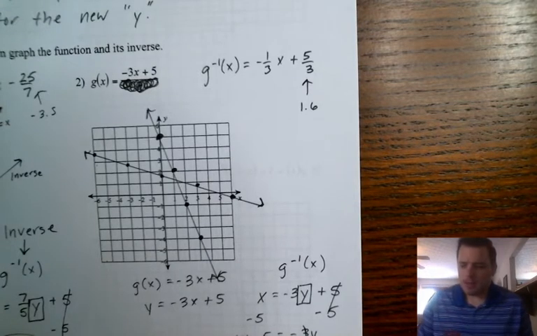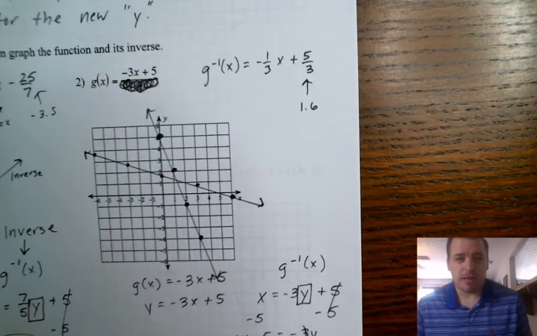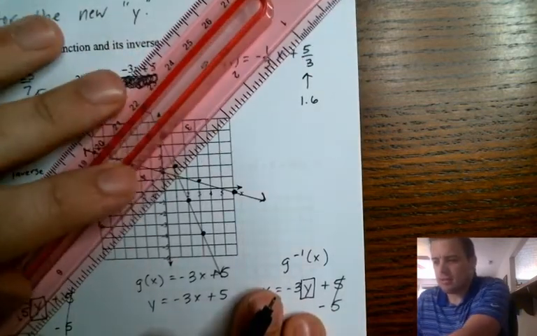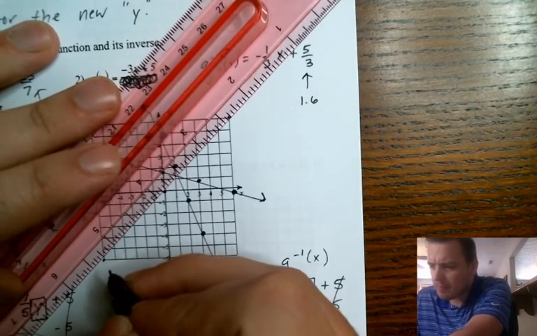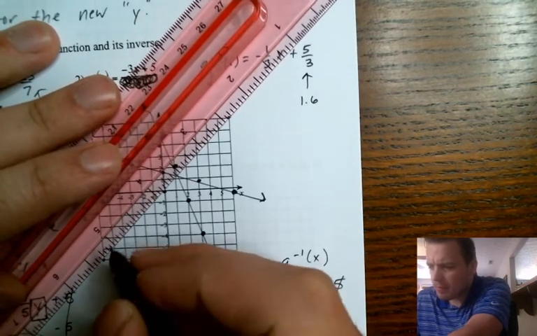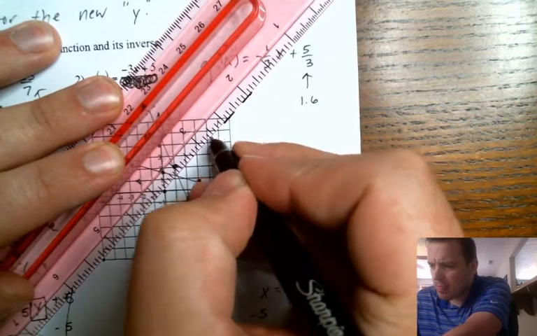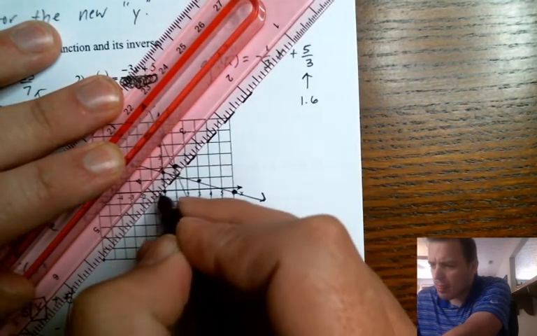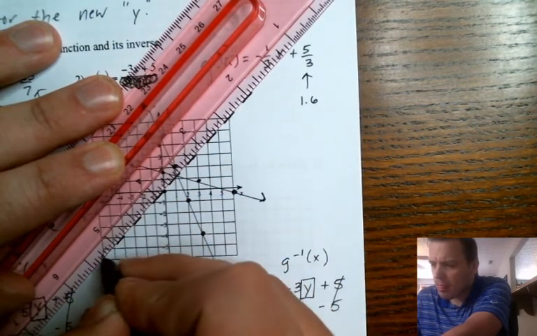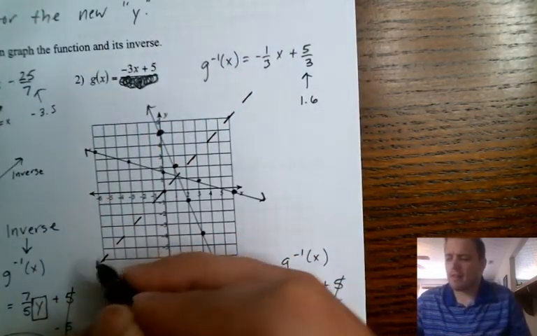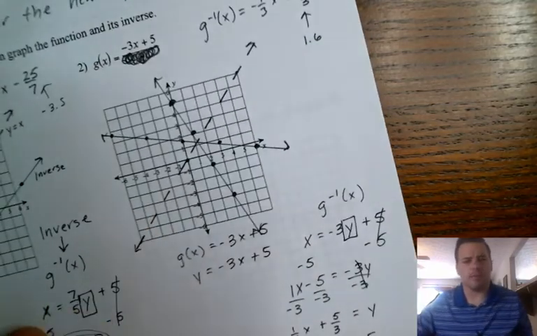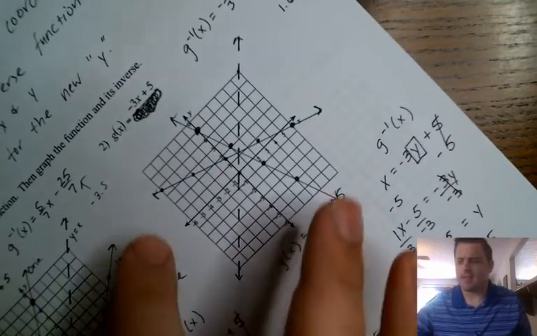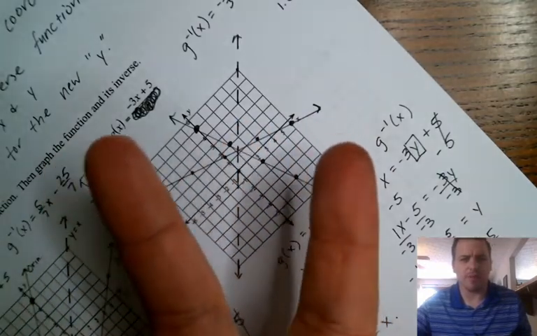Now, some of you may be saying, well, that looks really funky. How do I know it's its inverse? Graph y equals x, which is just a diagonal line through the origin that has a slope of 1. If you turn that line vertical, you kind of see that this line has just been flipped over.